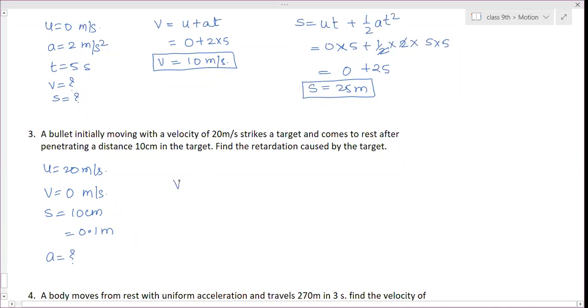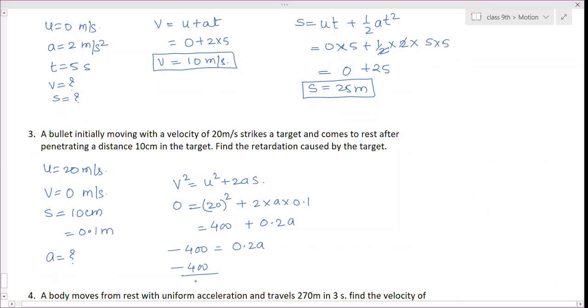So we have the formula V square is equal to U square plus 2AS. V is 0 is equal to 20 square plus 2 into A into S is 0.1. So 20 square will go here as 400 plus 2 into 0.1 is 0.2A. 400 will transfer on other side as minus 400 is equal to 0.2A.